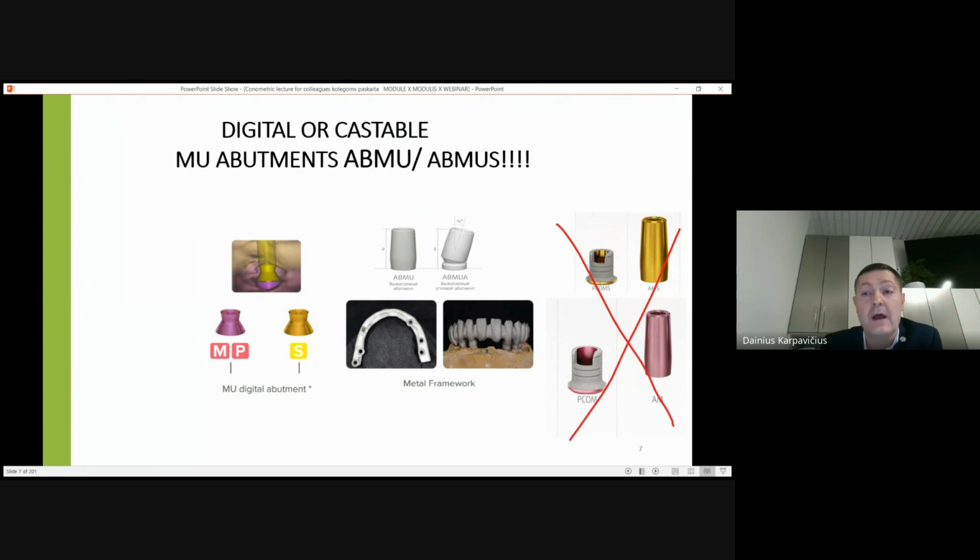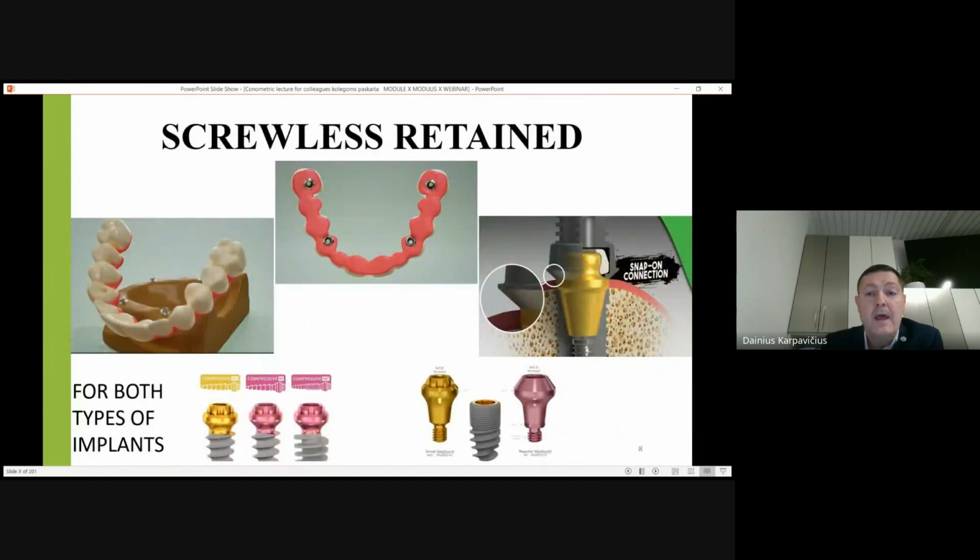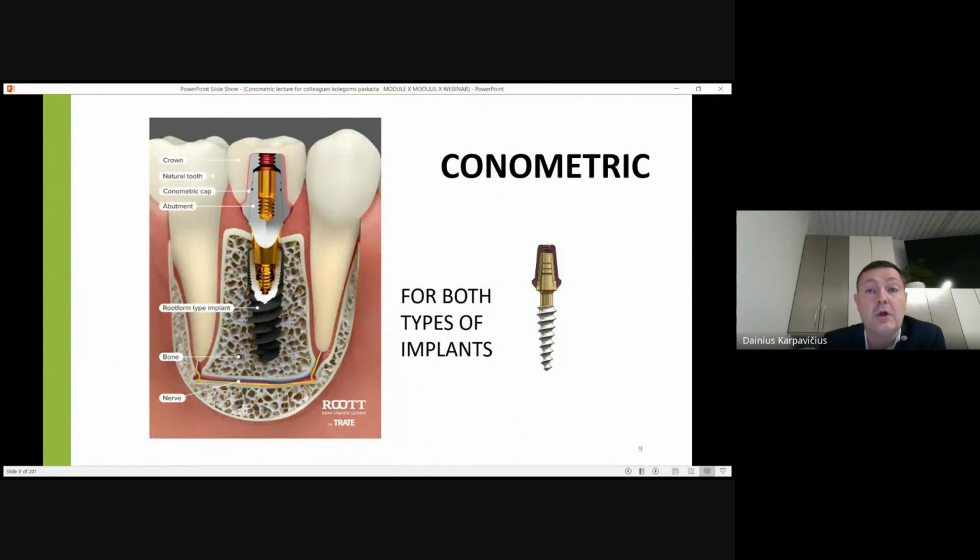And we don't use the titanium T-bases described previously for cemented screw retained possibilities. So this is the real screw retained possibility. Another one is also dedicated to multi-units. This is screwless retained, also a unique fixation, but dedicated to full arch reconstructions.